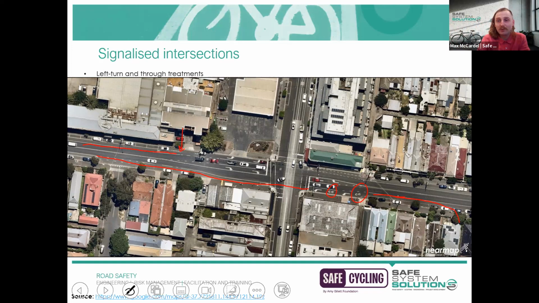And it also becomes a free-for-all in quite a stressful spot because you've got the desire for motorists to get left into the left turn lane, as well as through motorists to carry on through there. So you're kind of trying to work out as a cyclist, do I get in the left and get out of traffic's way? But even though I want to travel through, maybe I should stay in the through lane, and very uncomfortable.